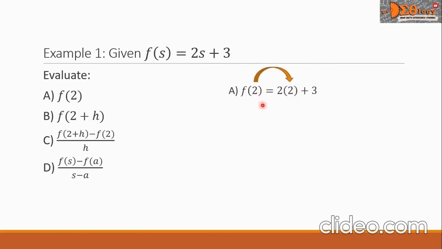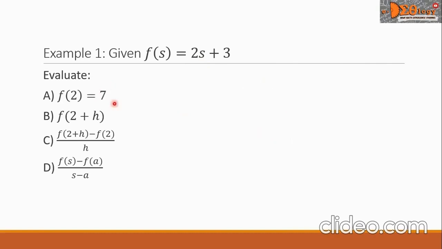So we have now 2s becomes 2 times 2 plus 3. Let us simplify further. 2 multiplied by 2 will be 4 plus 3, and 4 plus 3 equals 7. Therefore, f of 2 equals 7. So we will write the answer here.